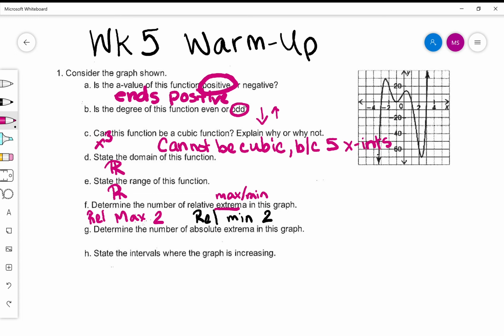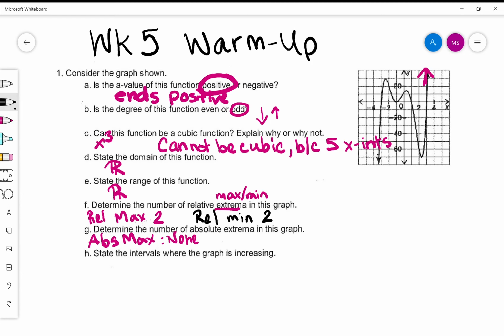The answer here, again, relative absolute max, you have to look for the absolute point. So because on the right hand side this graph continues to go to positive infinity, there is no maximum point that we can state because it goes to positive infinity. So is there an absolute max? None. There is none.